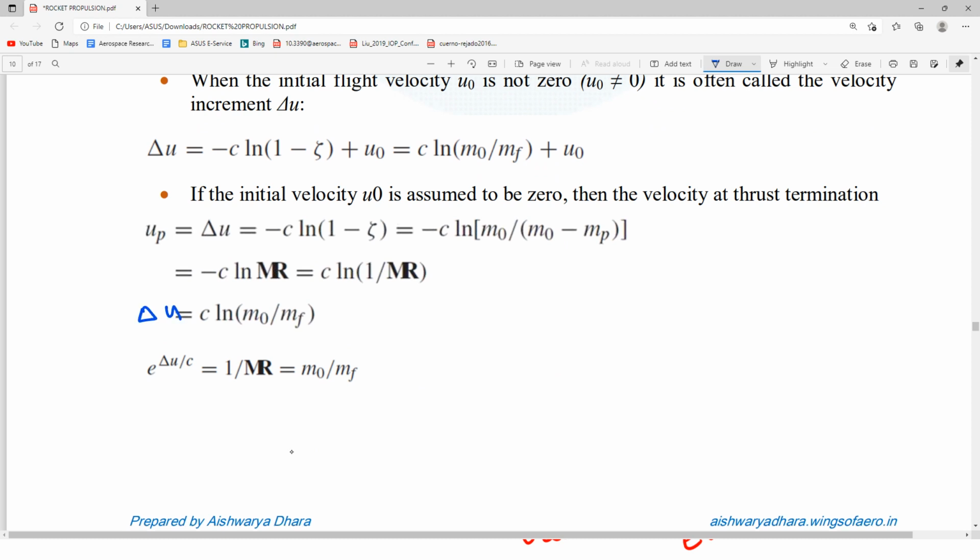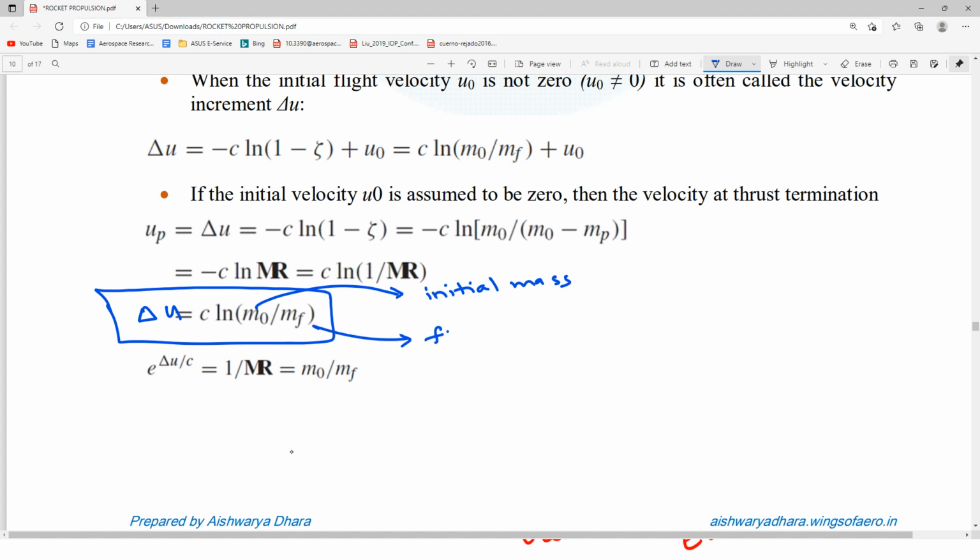Del u equals c ln m naught by mf. Now what is m naught? We have already discussed, it is the initial mass, and mf is the final mass. And what is c?